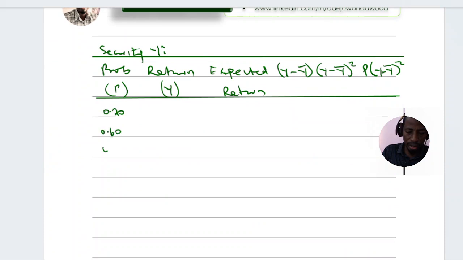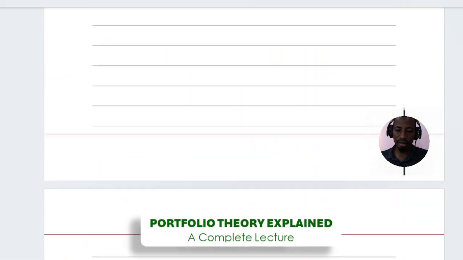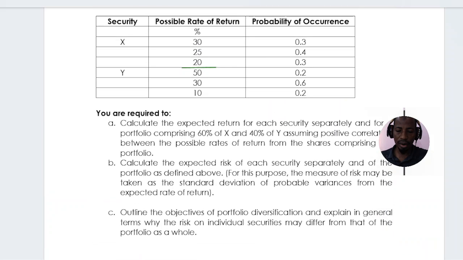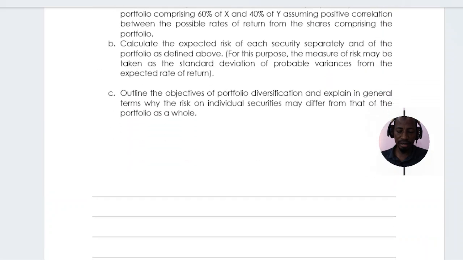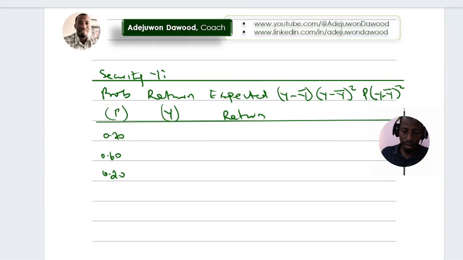Then the return of security Y is 50, 30, 10. Here is 50, 30, then 10.